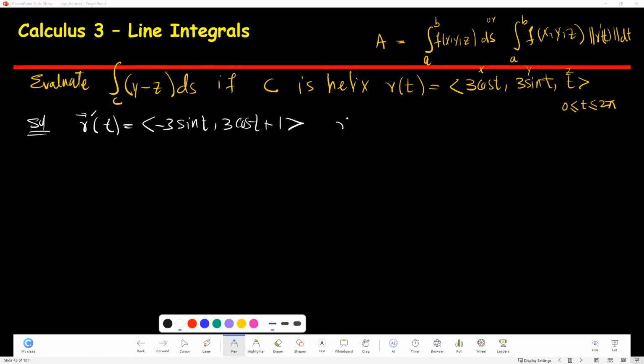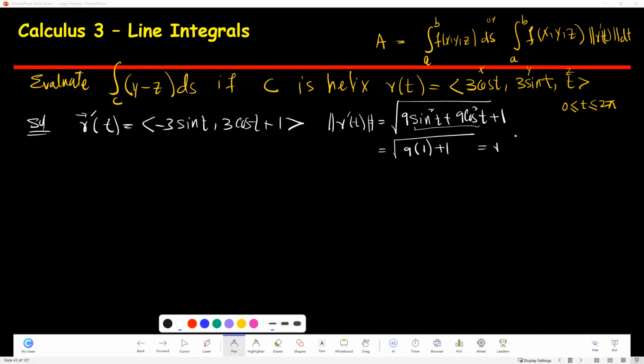Okay, if I want to calculate r prime of t and its magnitude, it's going to be the square root of 9 sine square t plus 9 cos square t plus 1. I can take the 9 common, so it's going to be 1 plus 1, equals 10.